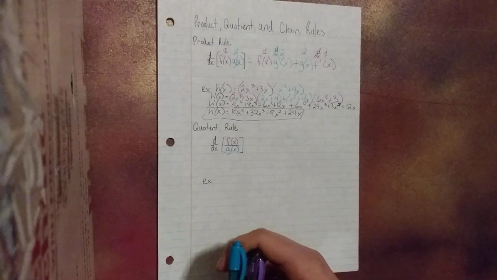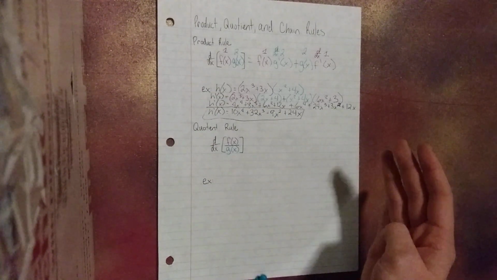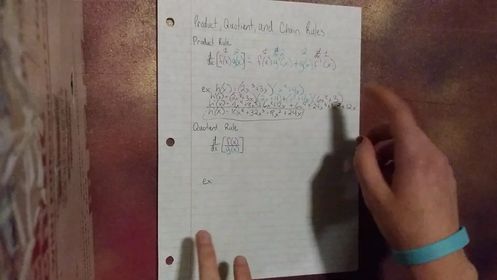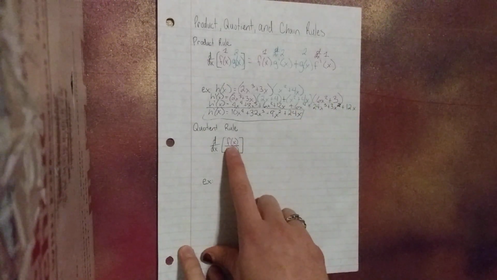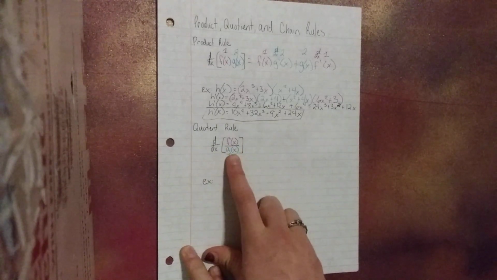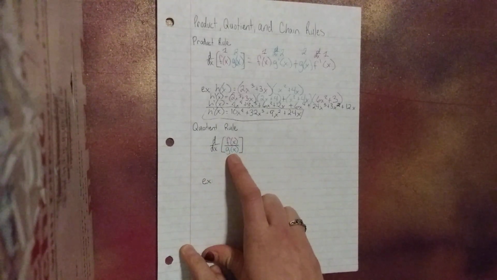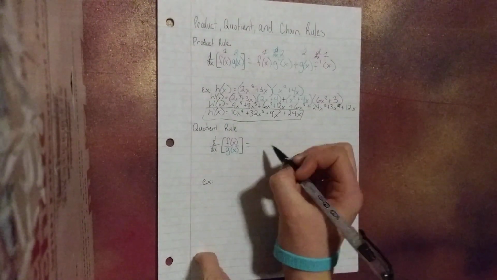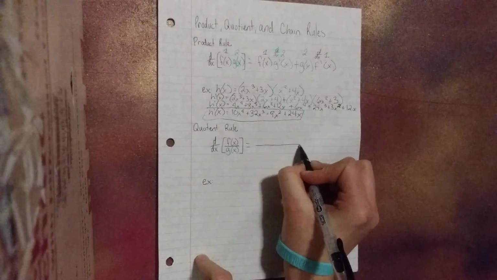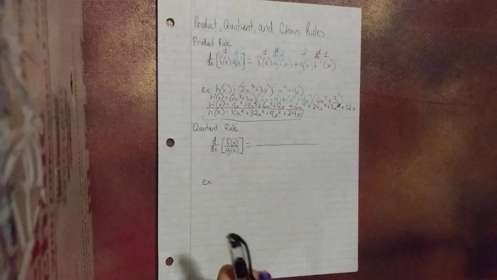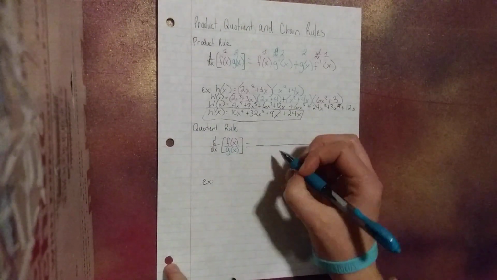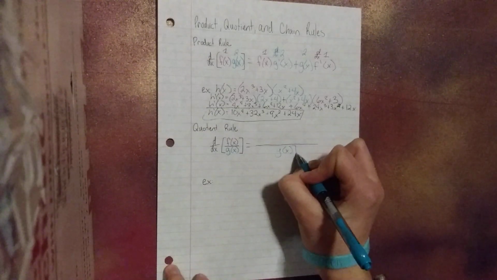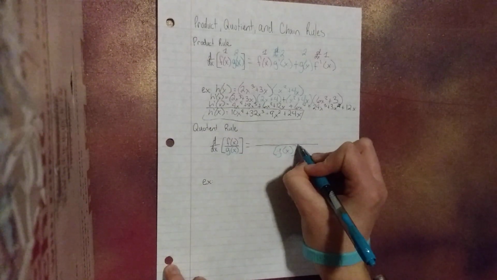So the next one we're going to look at is the quotient rule. And the quotient rule comes into play when you're differentiating one function divided by another function. And so this can be rewritten as, we're going to take the bottom function, g of x, write it on the bottom. And then we're going to multiply that by itself.